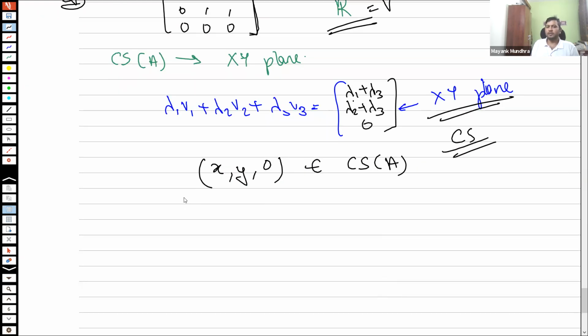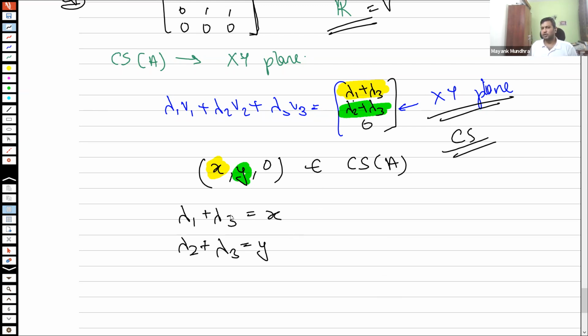So I just want to make sure that I take lambda 1, lambda 2 and lambda 3 values in such a way that lambda 1 plus lambda 3 must be equal to x, and lambda 2 plus lambda 3 must be equal to y. Basically these two terms must add up to x and these two terms must add up to y.